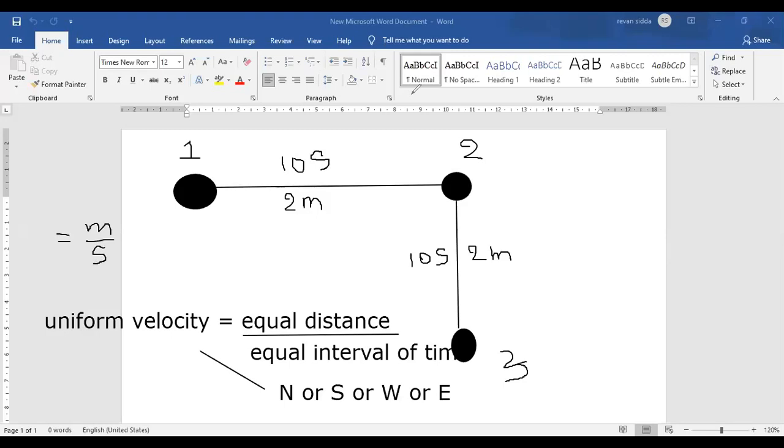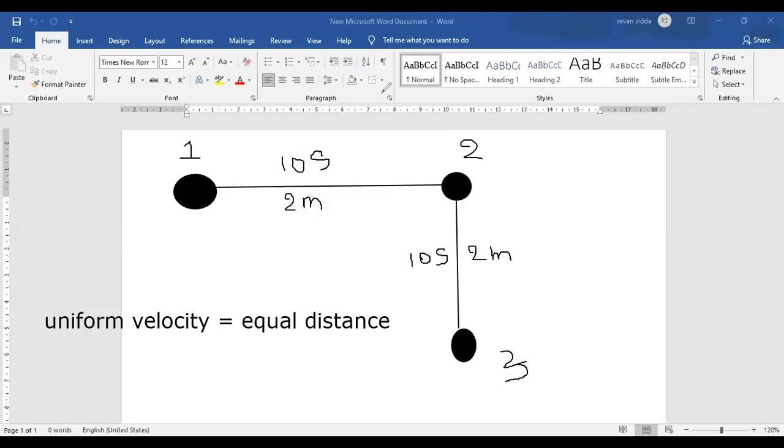Now I will be explaining to you about variable velocity. Variable velocity in the sense, now you can see a body is moving from one place to another place.